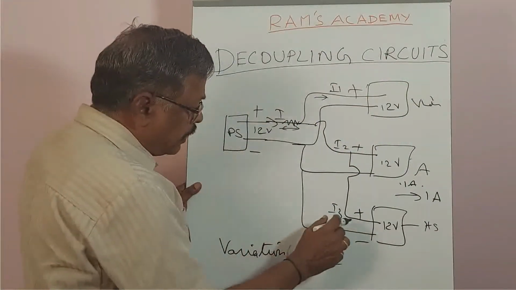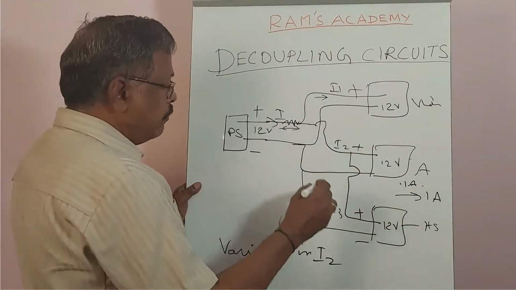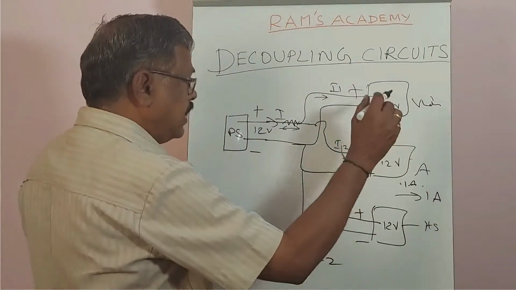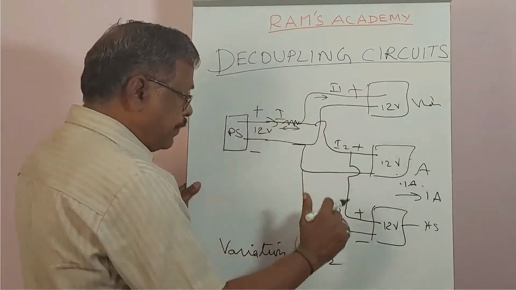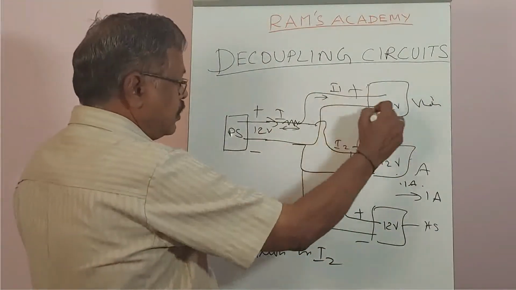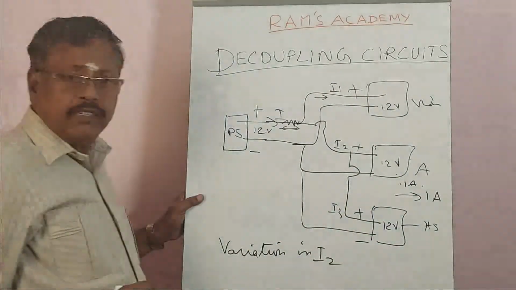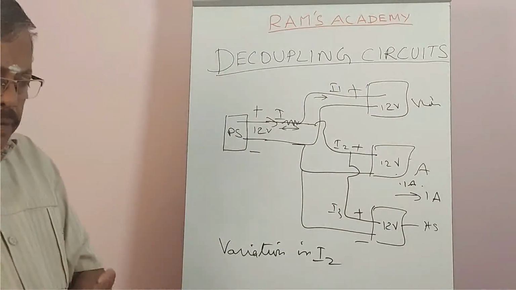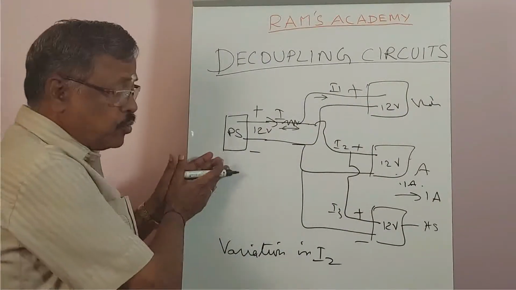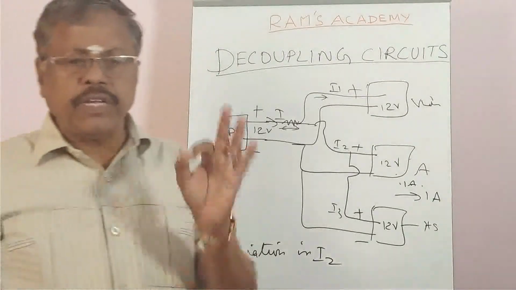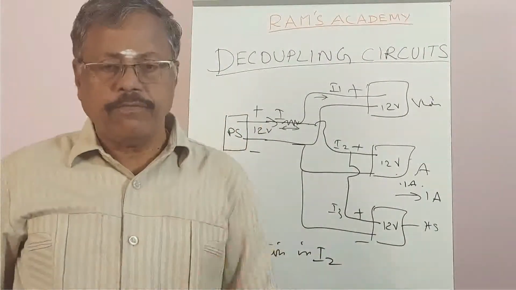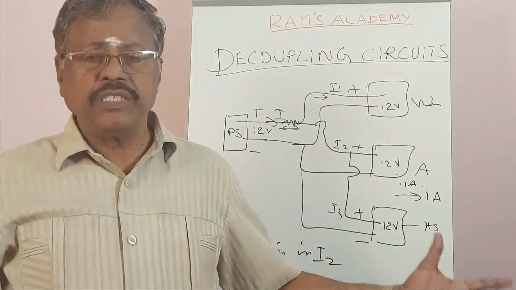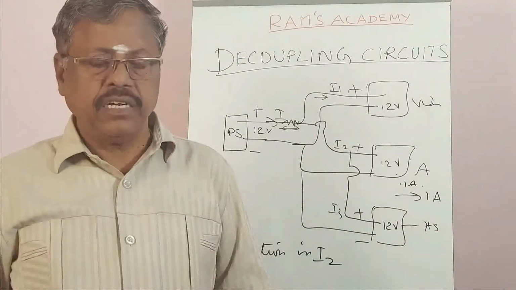Here also the applied voltage will be changing. Therefore, the changes in the current I2 due to the changes in the amplification of this stage will affect the performance of the first stage as well as the second stage. Though everything has the same power supply from the same source, the drawing of current in one stage should not affect the performance of the other stages connected to the same supply. That is always the intention.